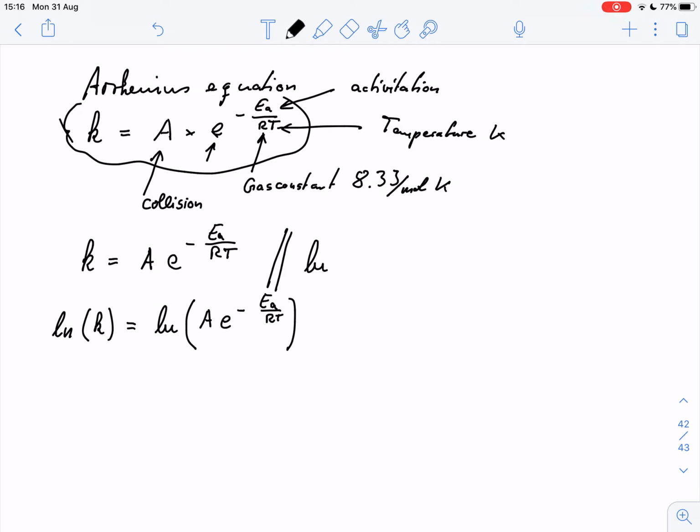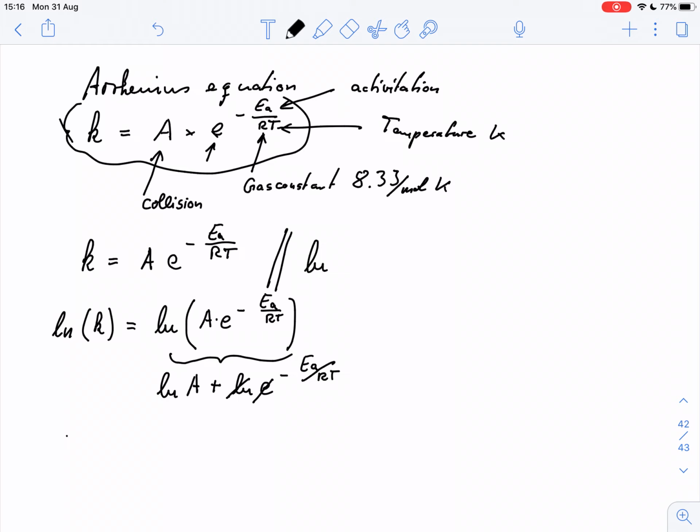And we know the rules of logarithm, so we can simplify this to ln A plus, because we've got a multiplication here, ln e to the power of minus EA over RT. And we know that ln and e cancel each other out.